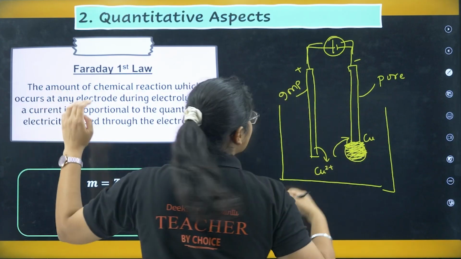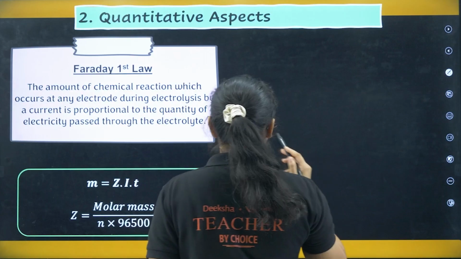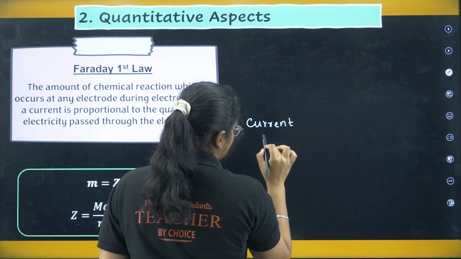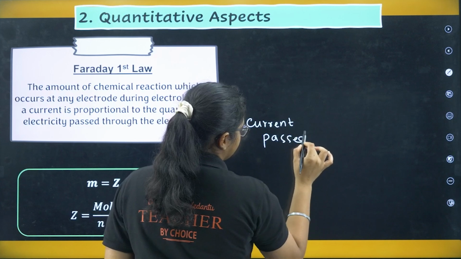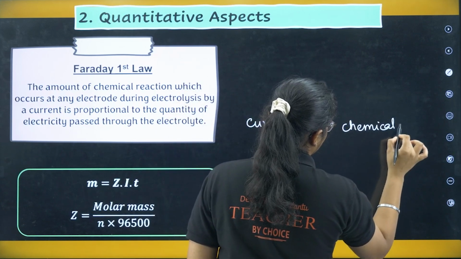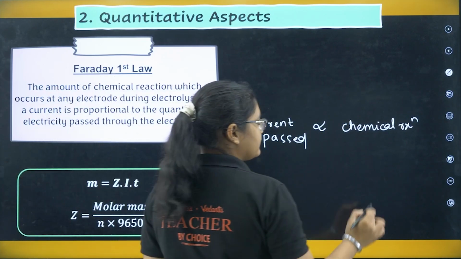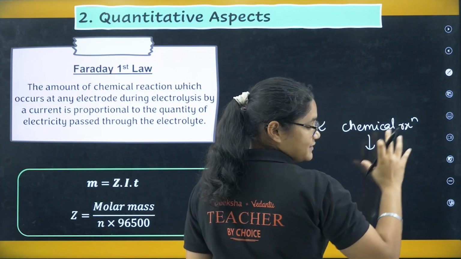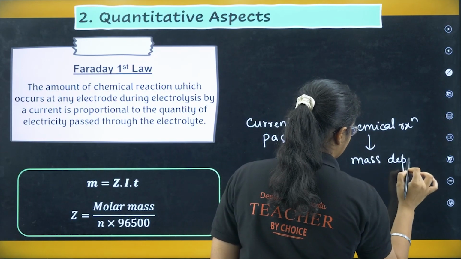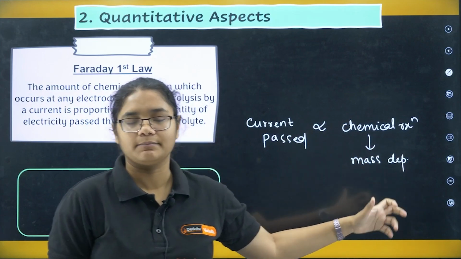So he says that the current passed is directly proportional to the chemical reaction that takes place. When the chemical reaction takes place, copper is getting deposited, so that is equal to mass deposited. So current passed is directly proportional to mass deposited.